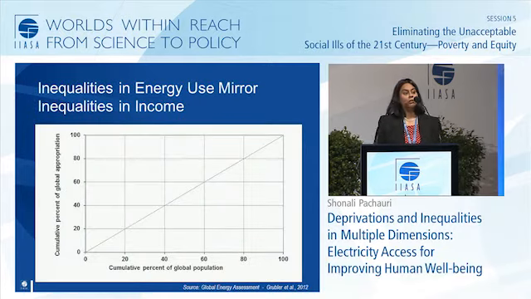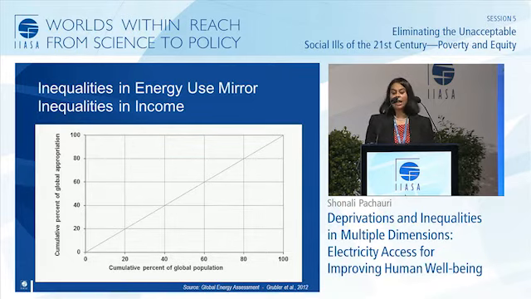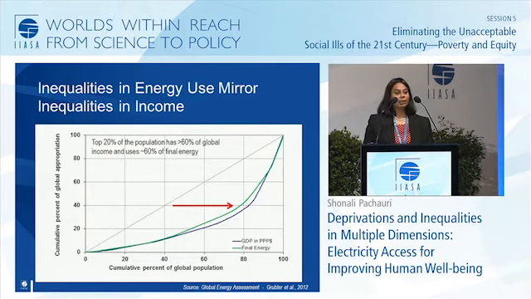Now, we started by trying to look at inequalities in some important dimensions, and we use this Lorenz curve type graphic to show the inequalities globally. The diagonal through the center is the line of equality, and the further below the diagonal, the greater the inequality. Importantly, the blue and green curves, which are inequalities globally in income and final energy, mirror each other quite strongly.